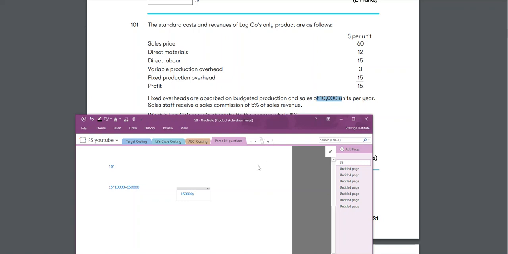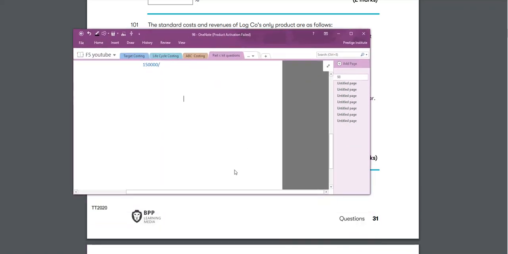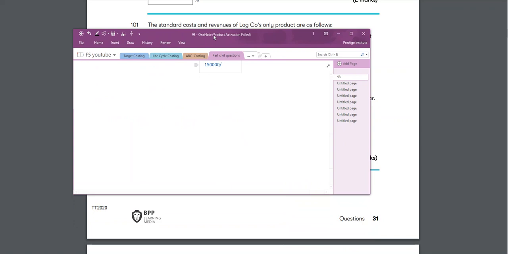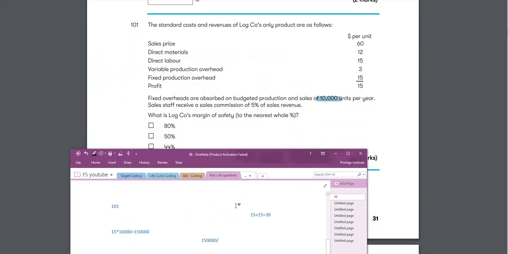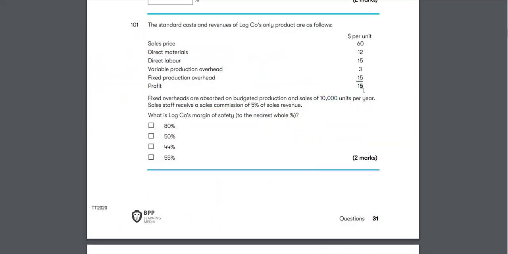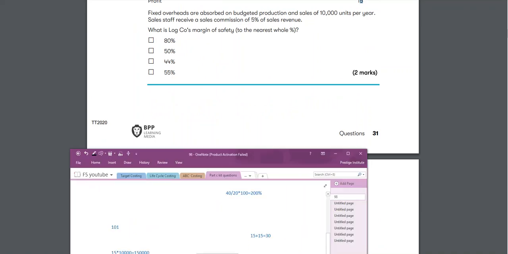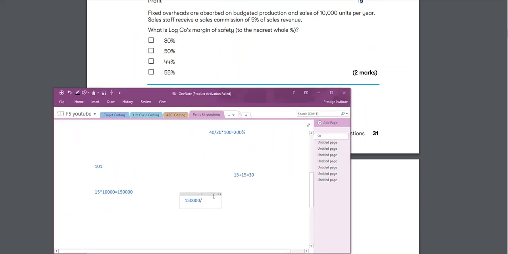Remember, profit plus fixed cost should give us contribution, which is 15 plus 15 becomes 30. Let me make this a little bit bigger. Okay, dividing by 30 becomes 5,000 break-even point.